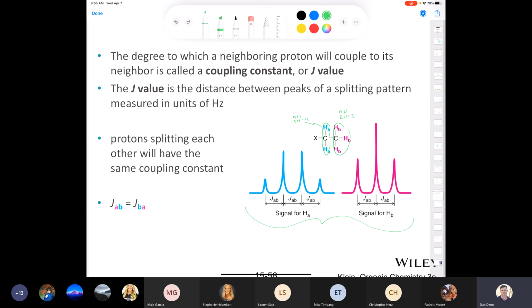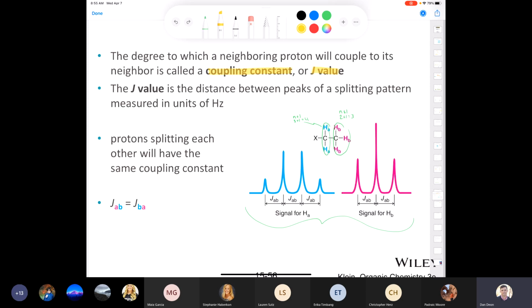The distance between the peaks in a splitting pattern, we call that a J value. I won't use that a whole lot. Instead of J value, I will usually tell you it's called a coupling constant. So protons that split each other have the same coupling constant. This is a very important point: protons that are going to split one another, that you can apply the N + 1 rule to, are going to have the same coupling constant.